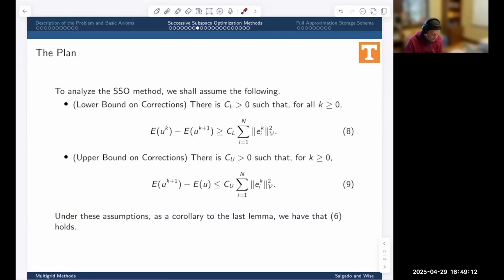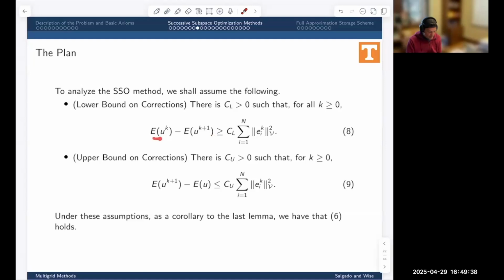Now, there are a couple of things that this is going to say. First of all, this has to be positive, and this makes sense in the context of my SSO method. Well, how is this possible?